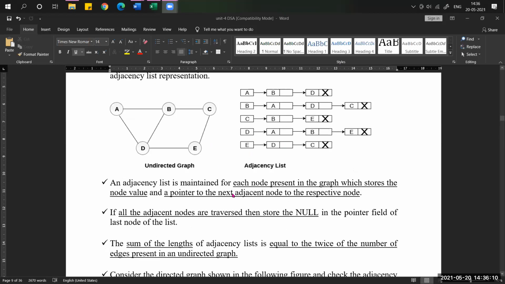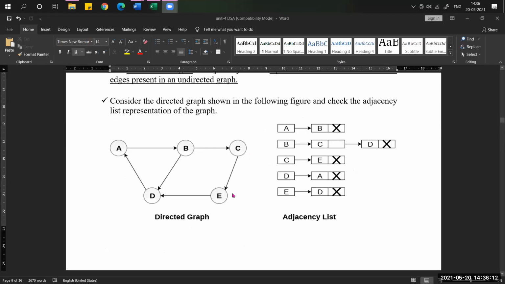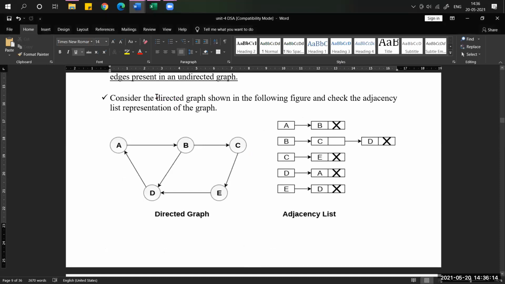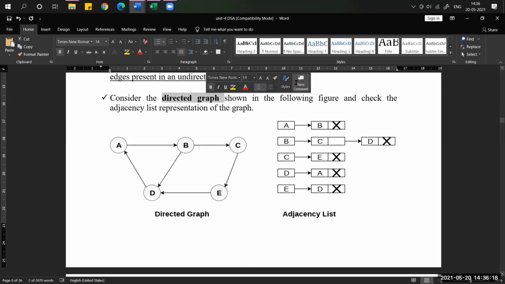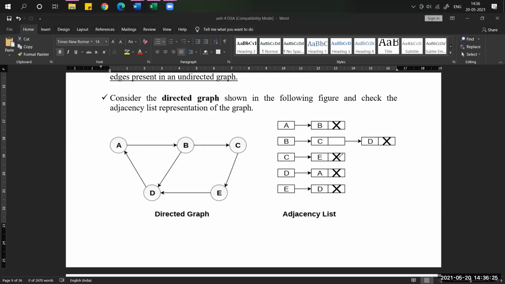Now if you talk about the directed graph, it is the same as that one, but you can't exchange. Just now I said you can write in a symmetric format in the case of an undirected graph, but here you can't write like that.